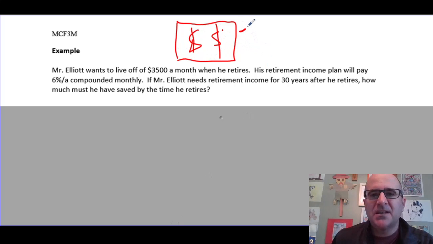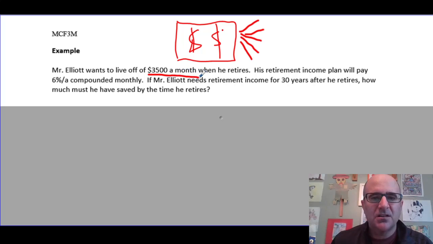And every month or every week or whatever you might decide, you're going to make withdrawals from that sum of money. So think of smaller withdrawals, however much you decide you need to live off of. In this example, I decided that those small withdrawals should be $3,500 a month. So I've decided that when I retire, I'm going to live off of $3,500 a month.